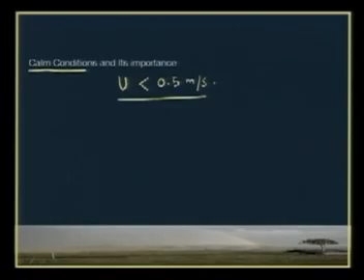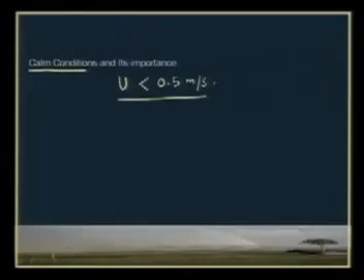It means wind is blowing, but it is very calm because wind speed is very, very low. Not that we can't measure low wind speed, but it is a matter of convention, and there is a reason why we call wind speed less than 0.5 meters per second a calm wind speed or calm conditions.